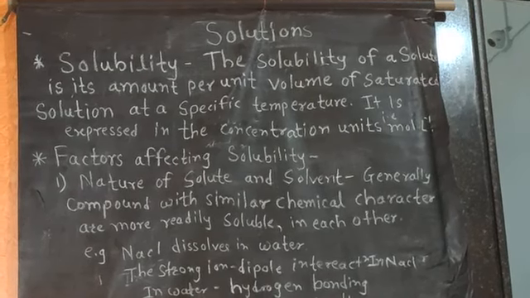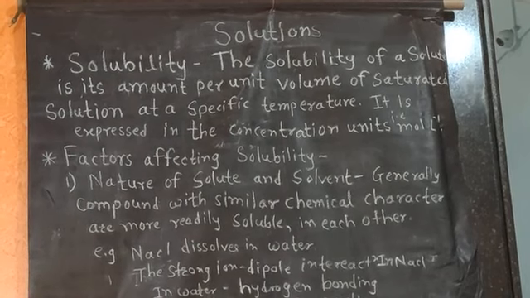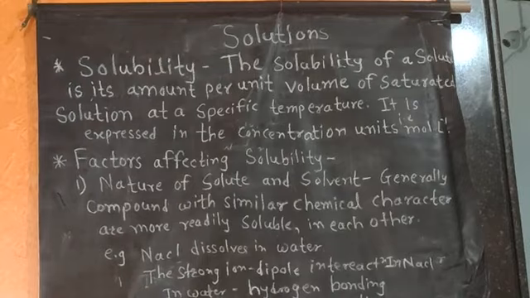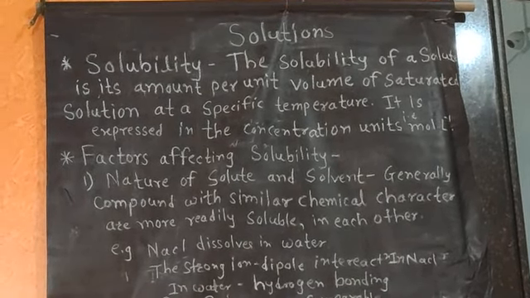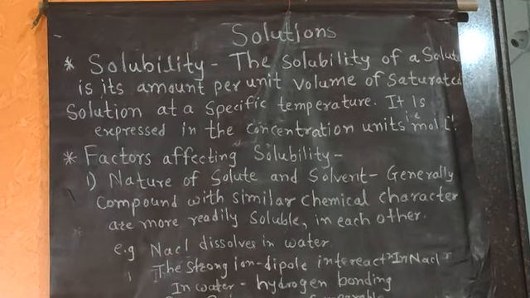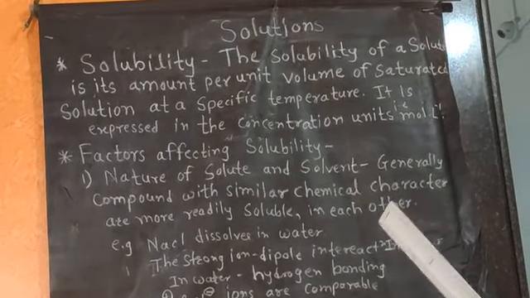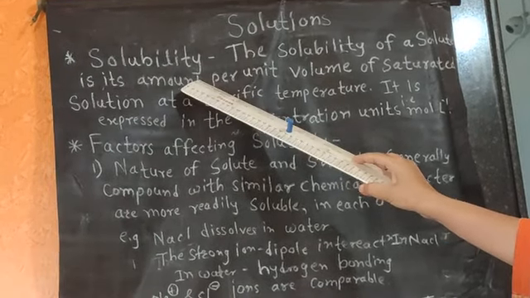Hello student, in the last video we started a new topic of chemistry, that is solutions. In this topic we learn about the capacity of a solution to dissolve a solute, and today we start a new topic, that is solubility.